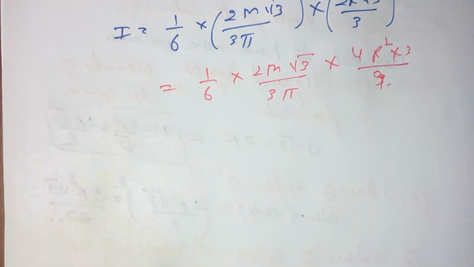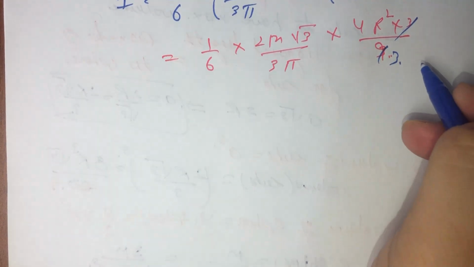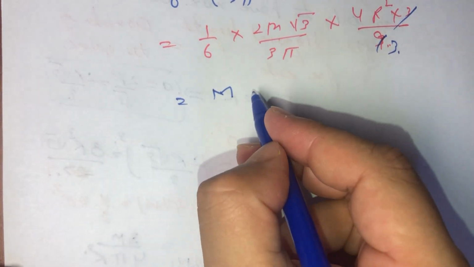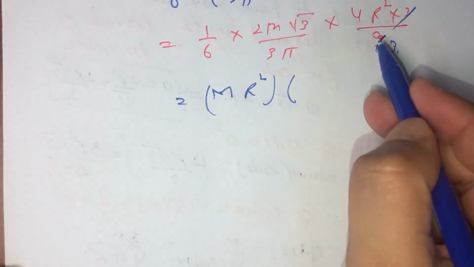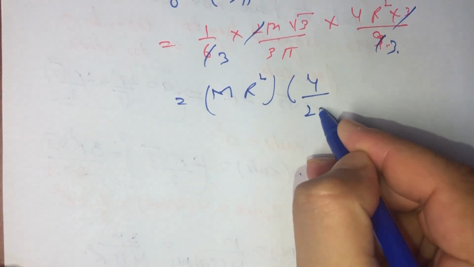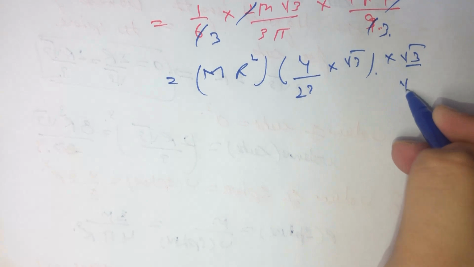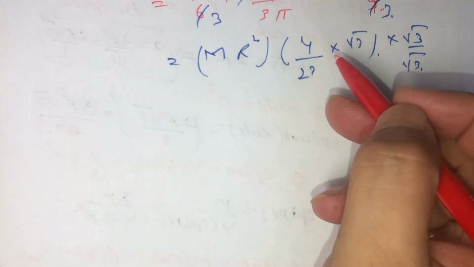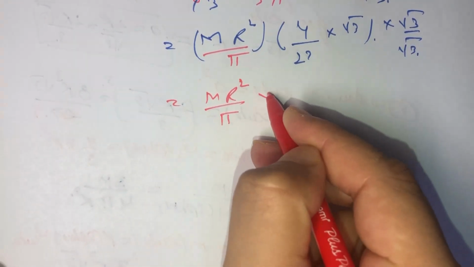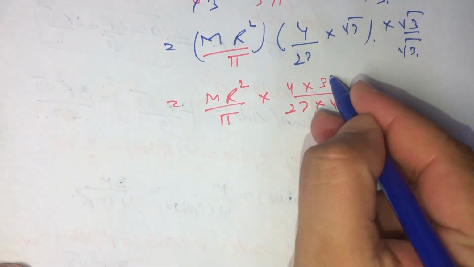Solving this, we are left with m r square divided by pi, multiplied by 4 over 27 root 3, and multiplying and dividing by root 3, this goes by 9.